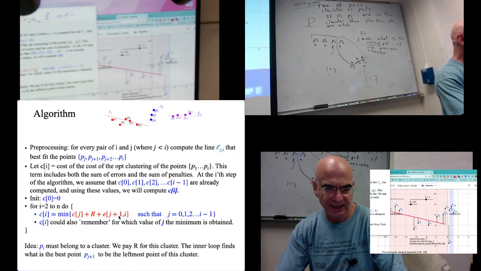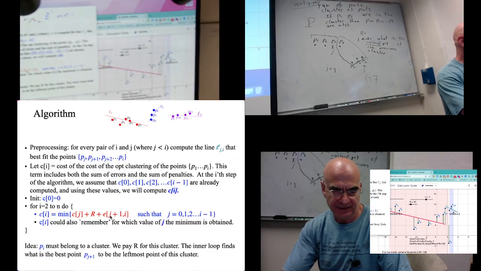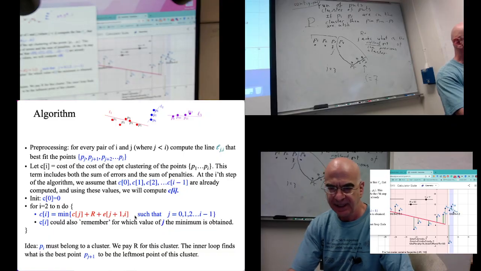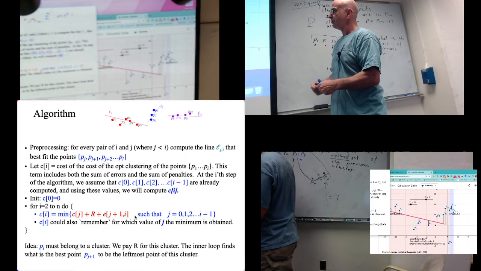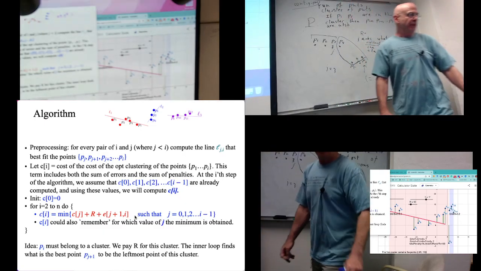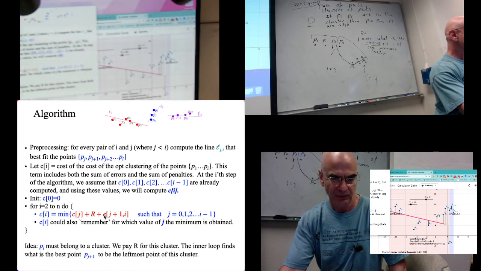I need to pay the error of the run that contains Pi, the sum of vertical errors that Pi introduced. It is pre-processed beforehand. That's the error that I computed earlier, which stands for e from j plus 1 all the way to i.